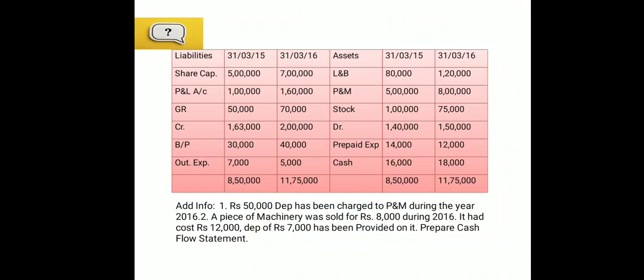So we are just going to assume that land and building worth rupees 40,000 got purchased during the year. So in 2015 the value was 80,000 and in 2016 the value was 1,20,000. So 40,000 excess we are assuming that it got purchased.